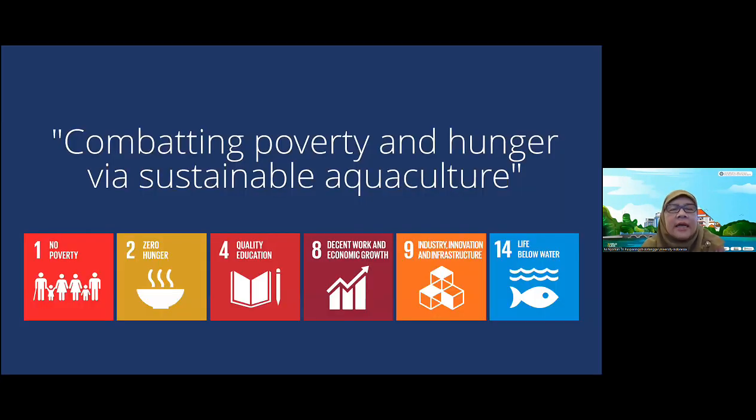For the coastal area, we are combating poverty and hunger through sustainable agriculture. We support the fishermen, our society in Banyuwangi in the coastal area, on how to improve the quality of the water for aquaculture, especially for shrimp aquaculture, because this is very important.